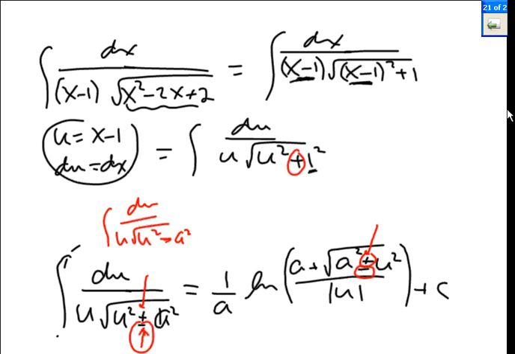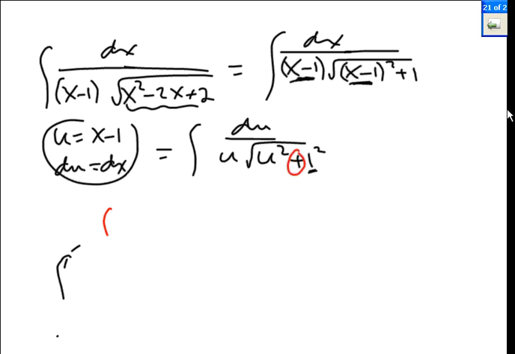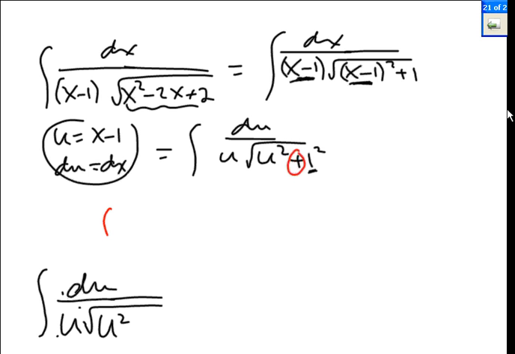Now all you have to do is decide what a and u are. You know what u is, it's x minus 1, and a is 1. You have to realize that a is 1. And you also have to realize that I made a big mistake by erasing what I just did. So you have du over u times the square root of a squared plus or minus u squared.